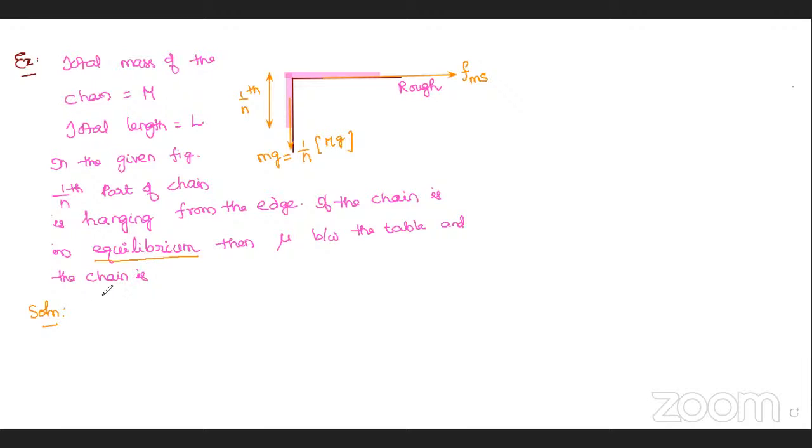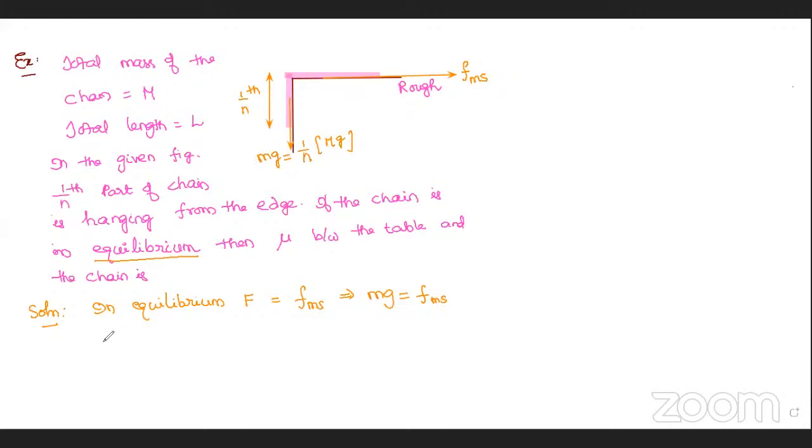Okay. And here in equilibrium, the applied force F dash should be equal to Fms, where the applied force is that small mg trying to pull it down, equal to Fms.